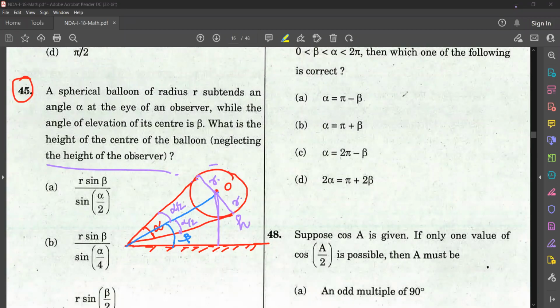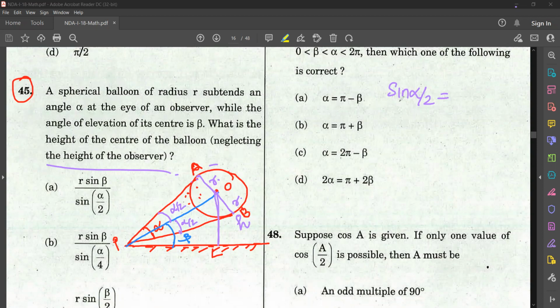Now, can I write sine alpha by 2? What is sine alpha by 2? I'm marking all these points: here I have O as the center, so I'm marking A here, L here, B here, and this point is P. Then from the first triangle, can I write sine alpha by 2?